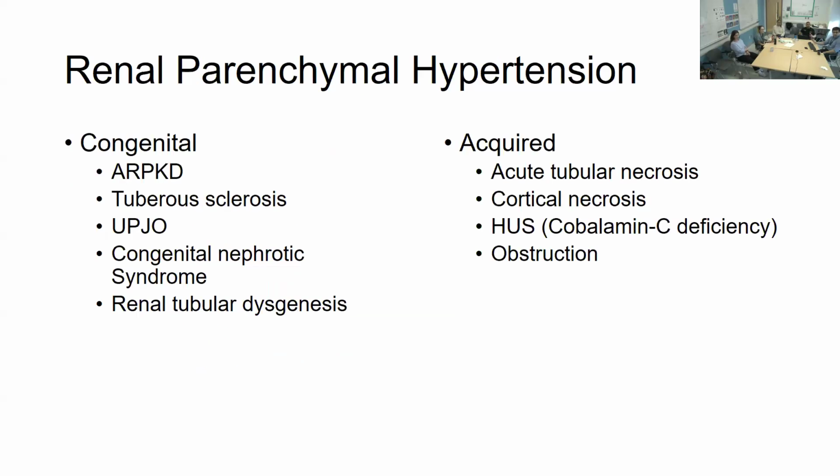And then these are some of the things that we'll be involved with and see a little bit more. Autosomal recessive polycystic kidney disease, and tuberous sclerosis as well, can cause cysts and angiomyolipomas, and they're at higher risk for developing hypertension. Ureteropelvic junction obstructions. Then we see patients with congenital nephrotic syndrome that are very hypertensive as well.